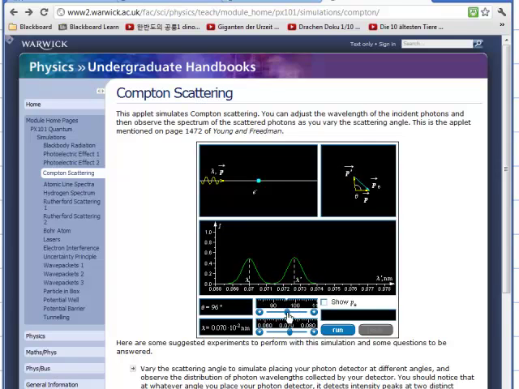Then the wavelength here of the incoming one versus the wavelength of the scattered one change, and we're supposed to be at 163 degrees. Notice I think I can only go up to 160 degrees, so I'm relatively close.